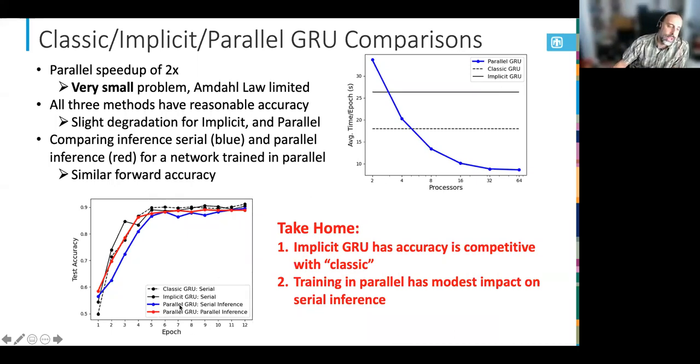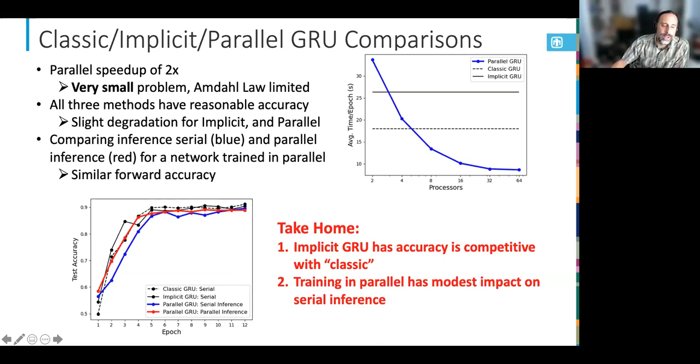Then we can ask, well, okay, how does our parallel GRU work if I'm using a parallel inference? So that's this red line here. This is as trained, basically. The parallel GRU does comparably, roughly, to the serial versions.